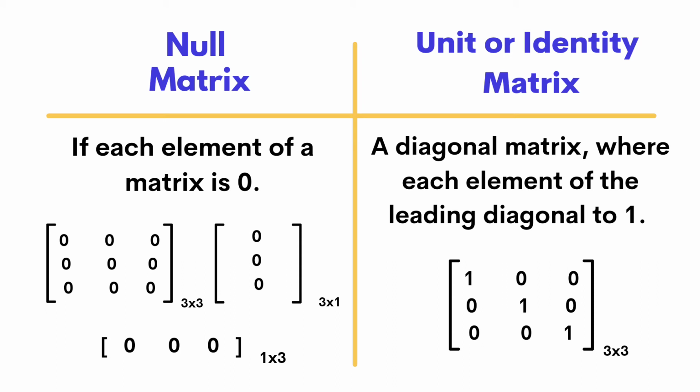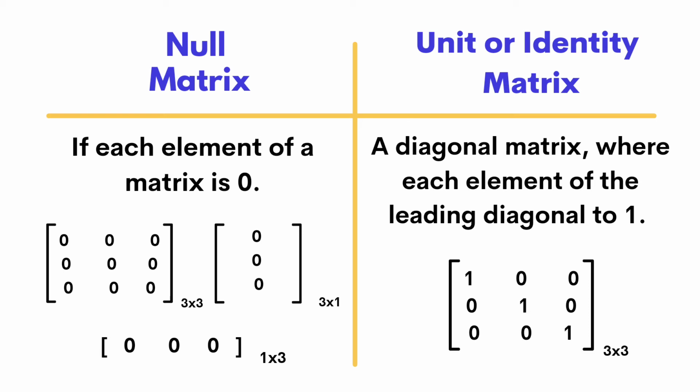Another type is the null matrix and the unit matrix, or you can say identity matrix. In a null matrix all the elements of the matrix are 0. The unit or identity matrix is always a diagonal matrix, which means it follows the rule that it should be a square matrix and all the numbers except those on the leading diagonal should be 0.